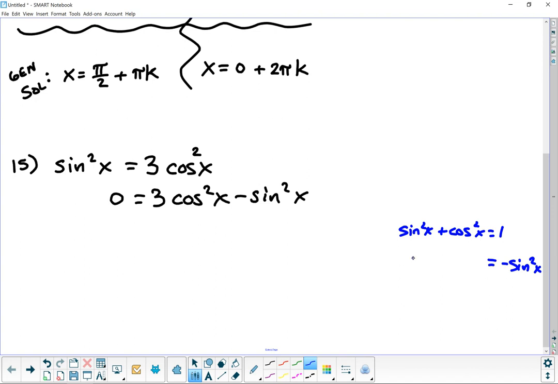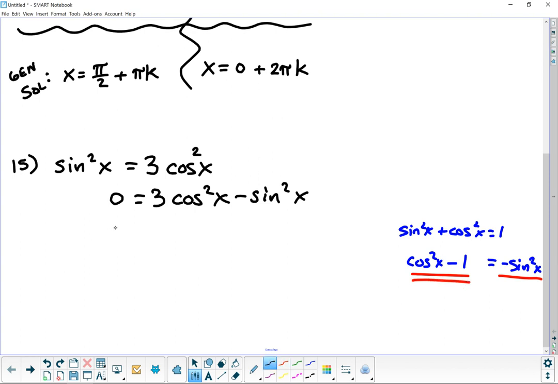So on the left-hand side, I'll have cosine squared x minus 1, and that will equal negative sine squared x. So instead of negative sine squared x, I can do cosine squared x minus 1.